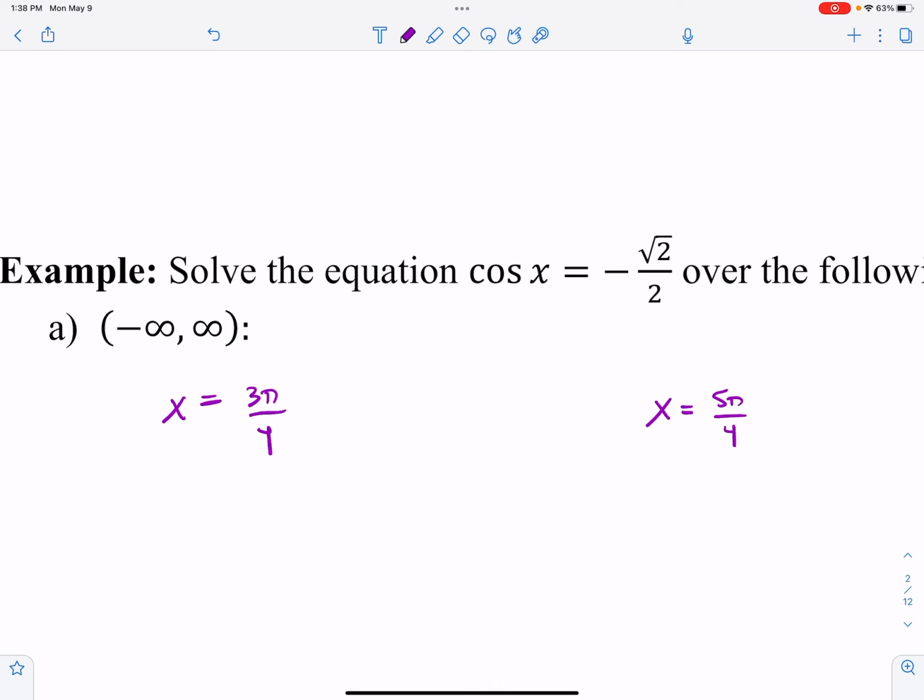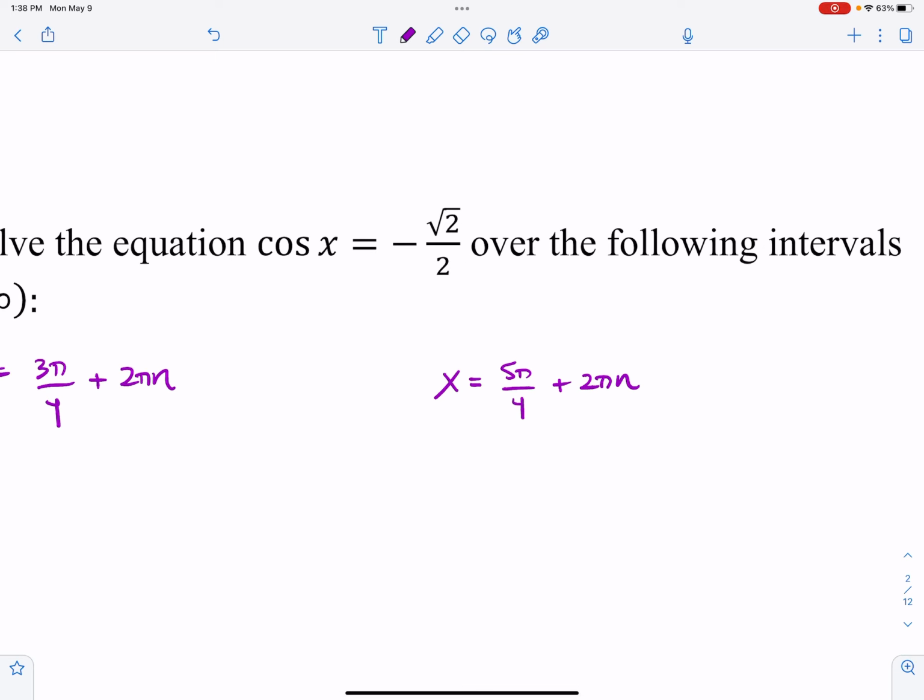We want to include all of the coterminal angles to each of those angles. So to do that, I'm going to add 2 pi n to each of those angles. And then I need to define, so I can say or, and then I need to define n as an element of the integers.